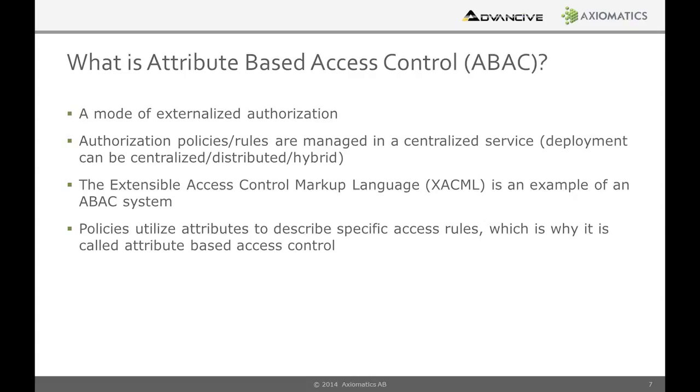ABAC tries to propose a model based on attributes and based on policies and rules and based on a standard called XACML to achieve your centralized externalized authorization in one way that you can reuse across your many applications.